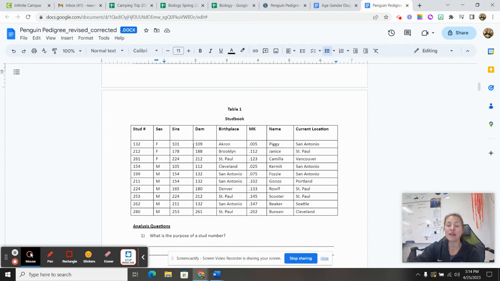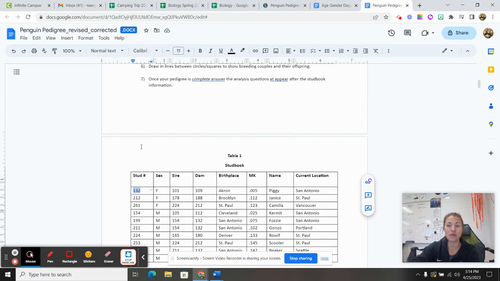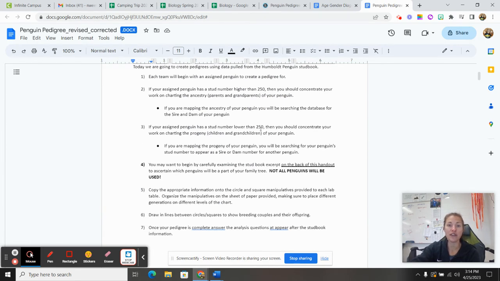So, just for example, on the back, and every table has a different one, you are going to look at your penguin. So, for example, if you are mapping out the penguin named Piggy, this stud number is 132. So, that is lower than 250.